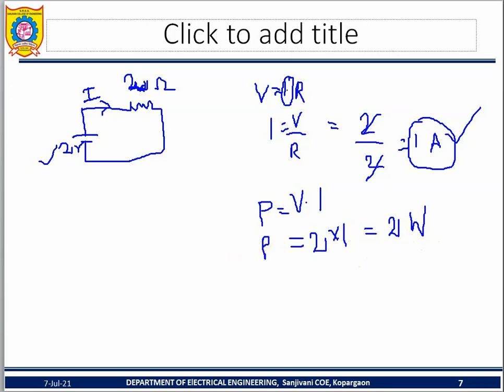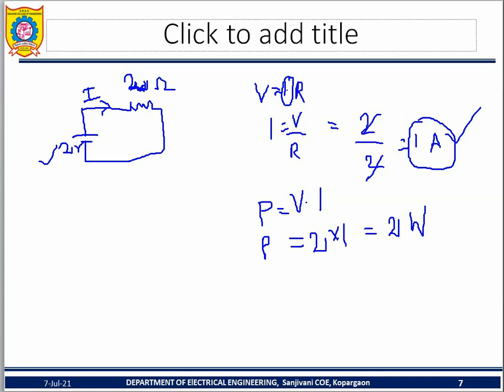So this is one more question. I hope I gave this type of 1 mark question already. If not, note down this 1 mark, question number 79. V is equal to 2 volt, R is equal to 2 ohm.